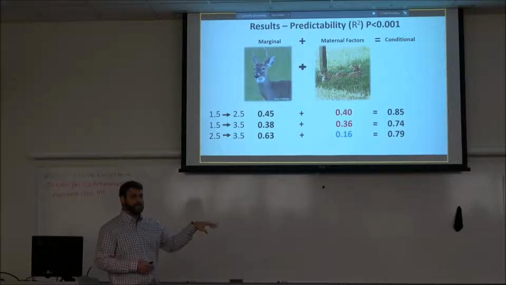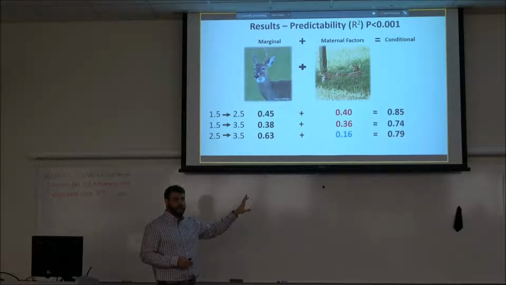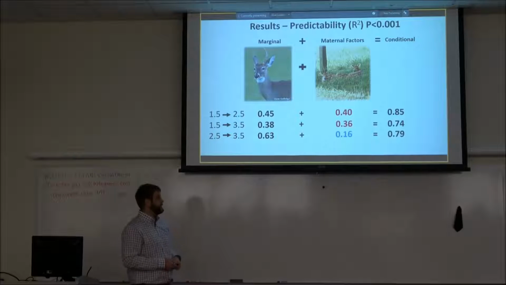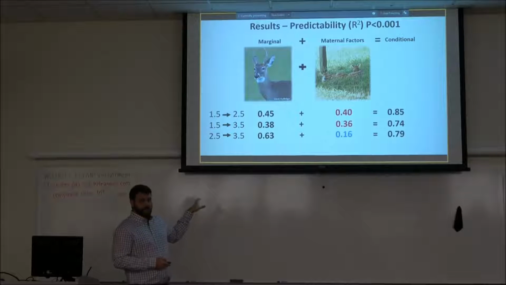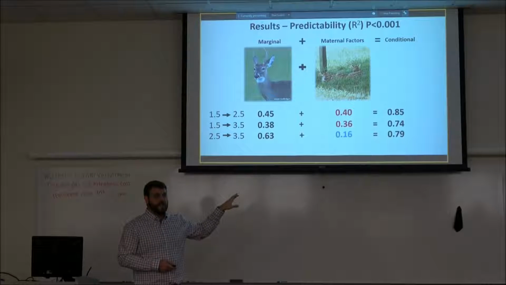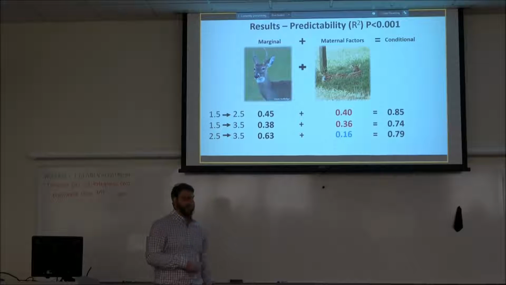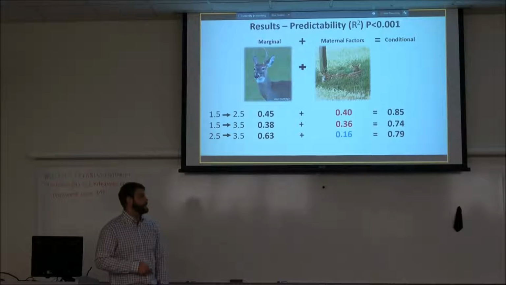Predictability nearly doubles. You have an increased ability of about 36% of variation explained that is accounted for by the maternal factors. But when you look at the relationship between 2.5 and 3.5-year-old antler size, the maternal factors had significantly less influence, with the predictability only increasing about 16% when you account for those maternal factors.